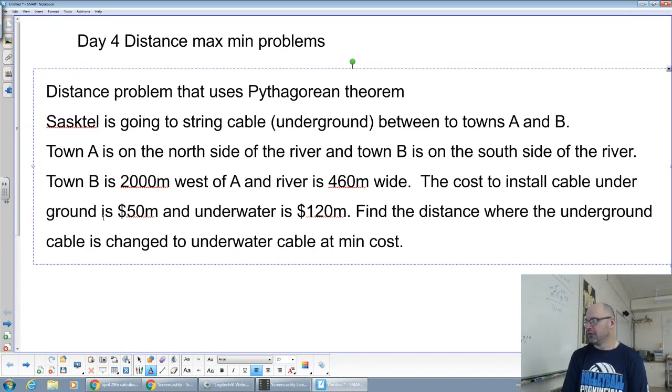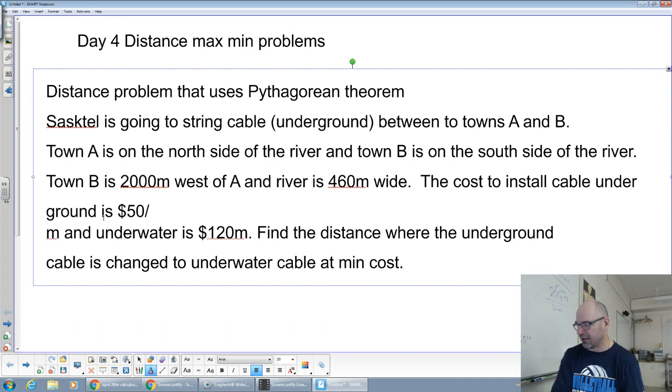So it says distance problem that uses Pythagorean theorem. SaskTel is going to string a cable underground between towns A and B. Town A is on the north side of a river and town B is on the south side of the river. Town B is 2,000 meters west of town A and the river is 460 meters wide. The cost to install the cable under the ground is $50 per meter. That's per meter, but if I put the slash in there, it goes like that, and that looks stupid.